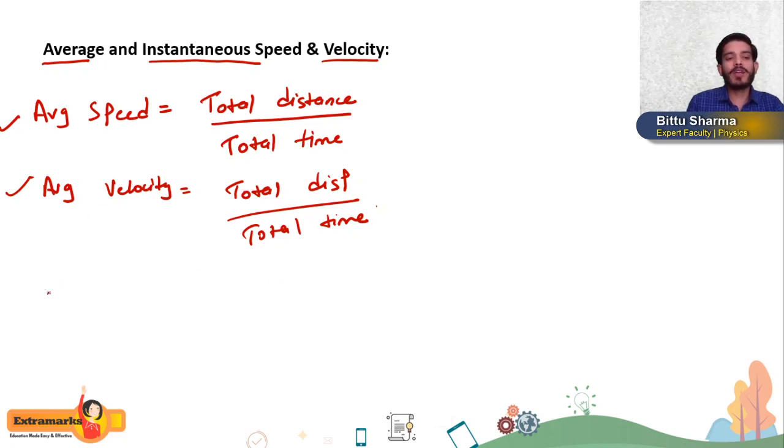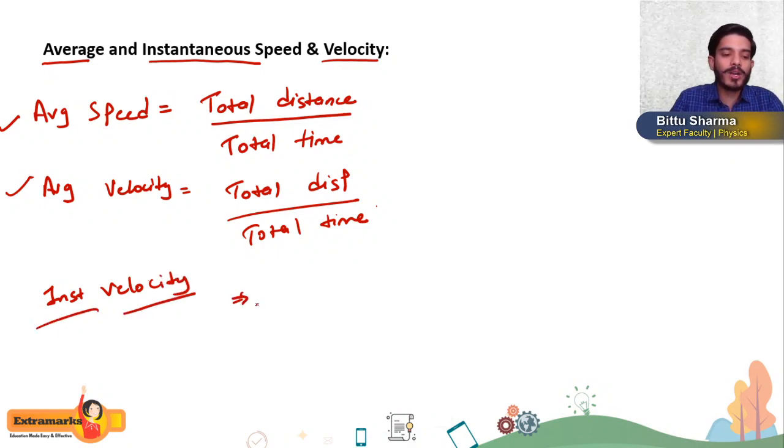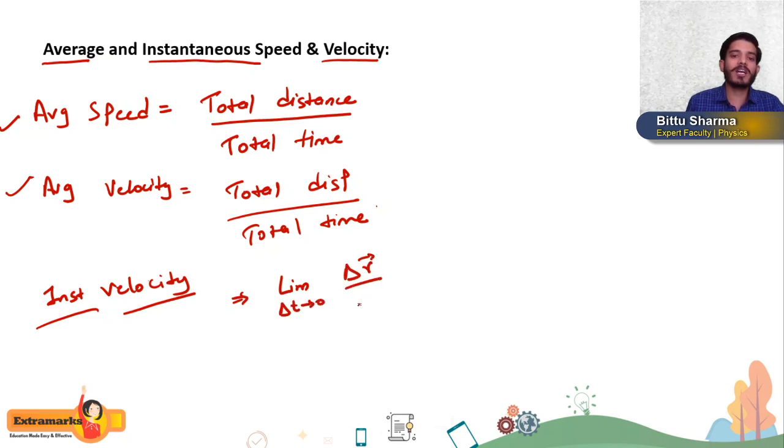Suppose we have to calculate instantaneous velocity. Instantaneous velocity means the velocity at a particular instant of time. So instantaneous velocity will be equal to the limit delta t tends to 0 of delta r vector divided by delta t.